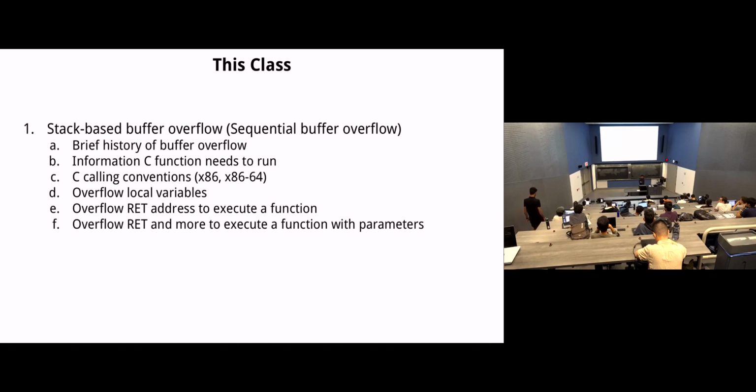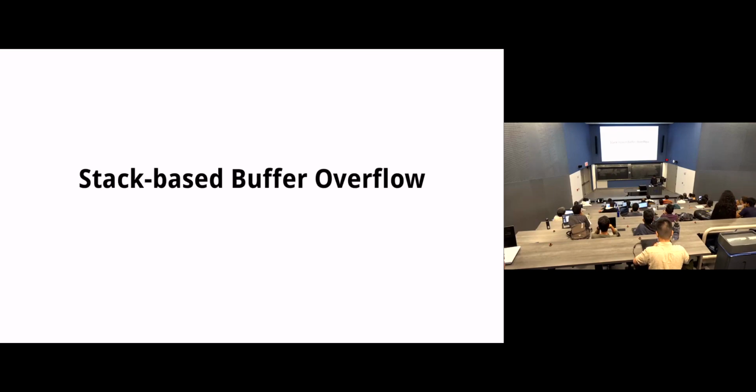You probably heard this term before, RCE, remote code execution. So we are going to see how those work. There are several complicated cases for overwriting a return address we'll talk about in the next few weeks.